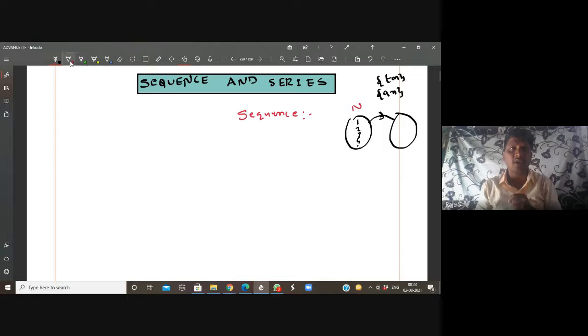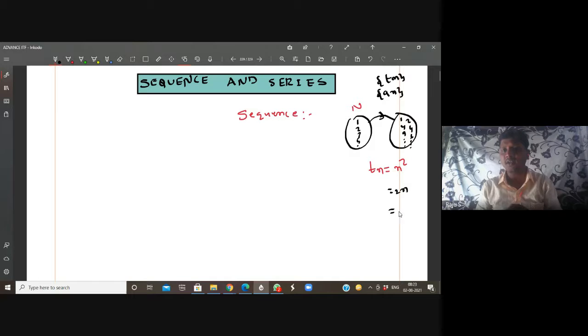If I define the sequence as Tn equal to n square, when I substitute n equal to 1, 2, 3, we get 1, 4, 9, and so on. If I take Tn equal to 2n, the input is always the natural numbers and the output depends on the defined function: 2, 4, 6, and so on.